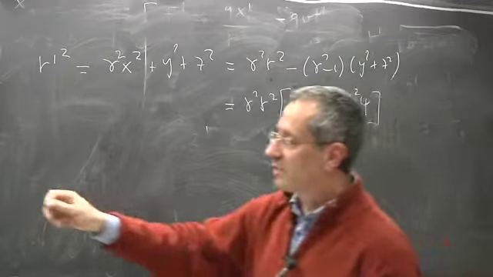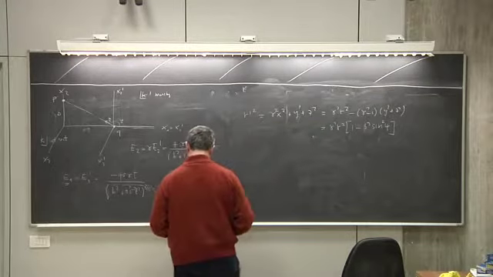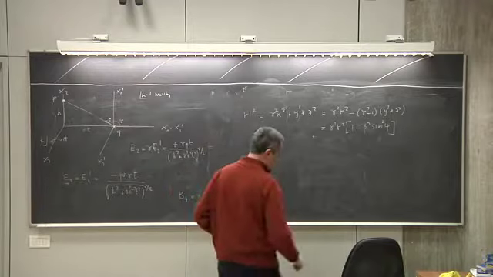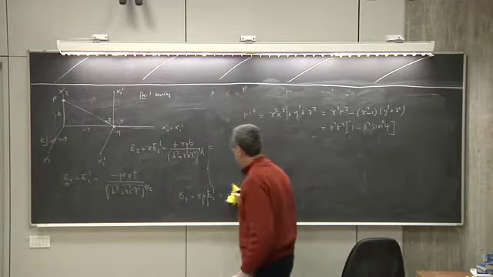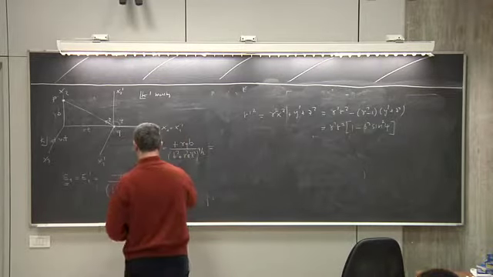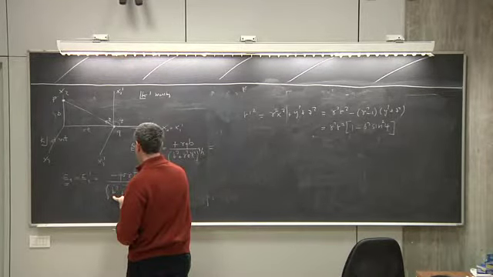So in other words, downstairs here you can do the same, and this becomes minus there. So this was r prime.